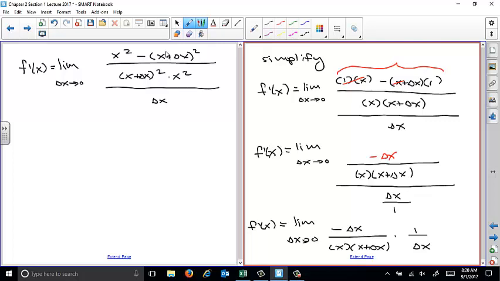So this will disappear, and this will become just delta x. So the answer, if anybody's gotten to that point, is negative 2 over x cubed. Is that right? Yeah, I think so. It should be.